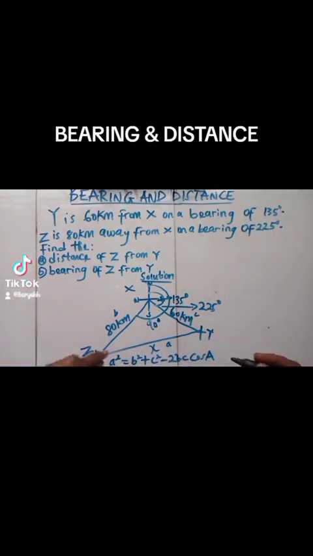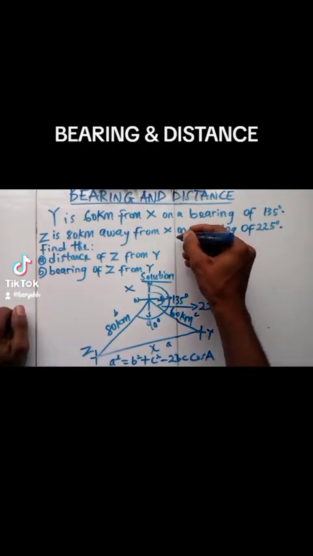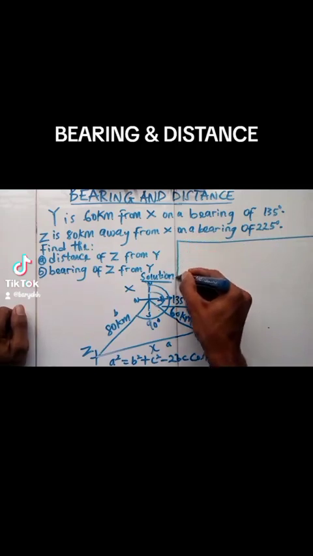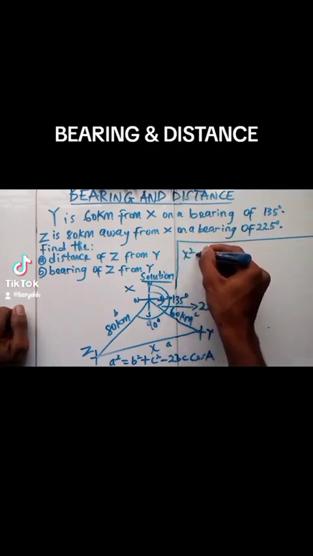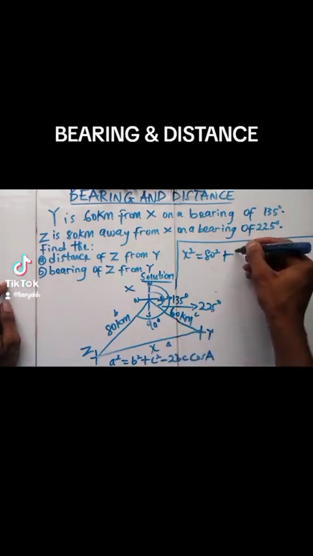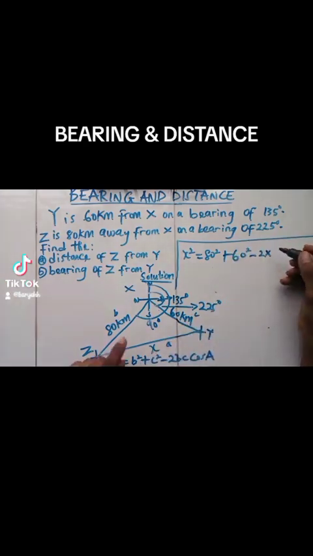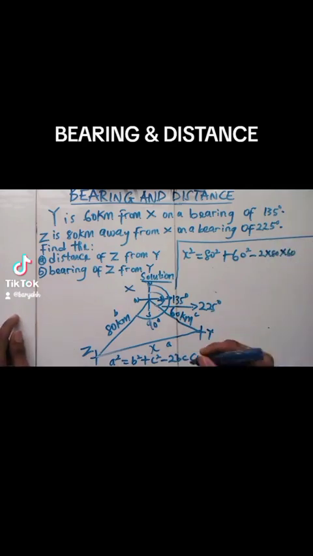So we have that a squared, which is x squared, is equal to b squared, which is 80 squared, plus c squared, which is 60 squared, minus 2 times b, which is 80, times c, which is 60, times cos A. What is cos A?